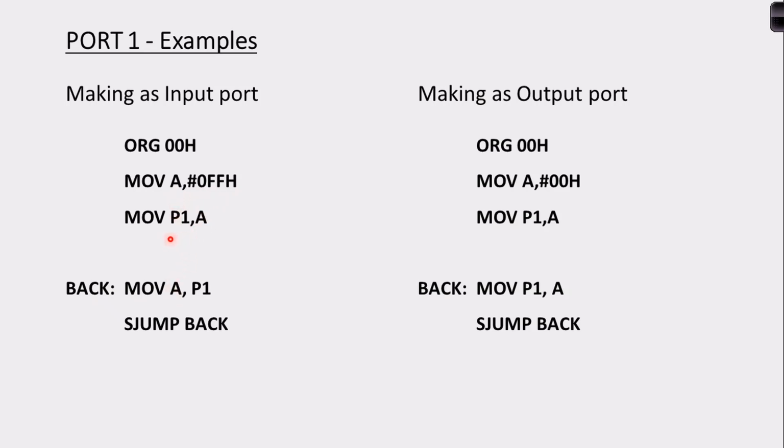From this, port 1 has been configured as an input port, and we'll start reading into the accumulator with this particular instruction. If you want to make your port an output port, we'll send the 00 hex value. So P1 is loaded with the 00 hex value, the port is acting as an output port, and then I'll send the data to P1.